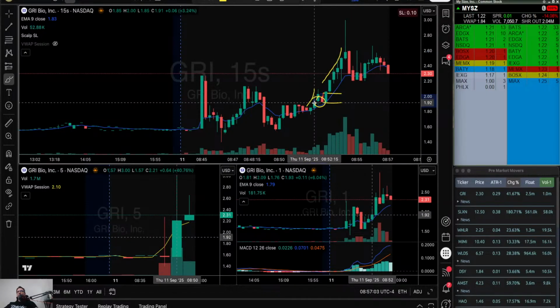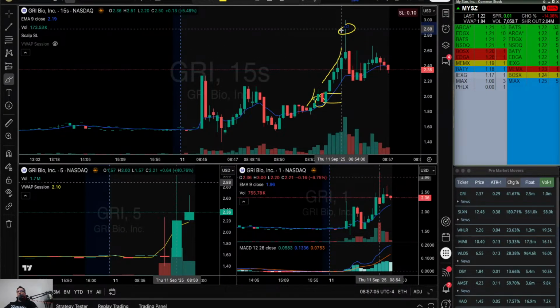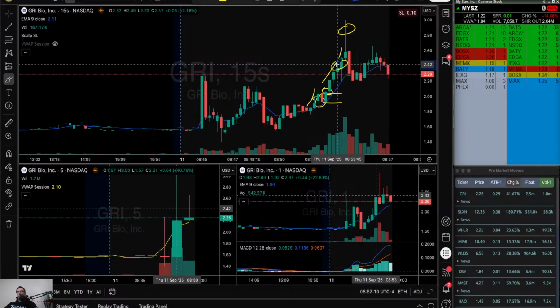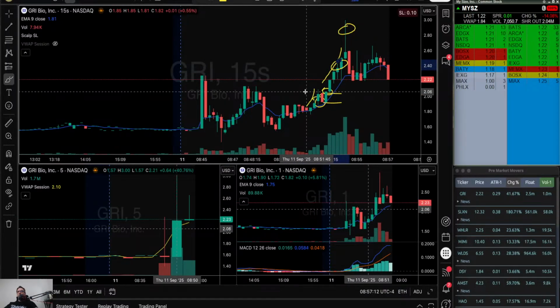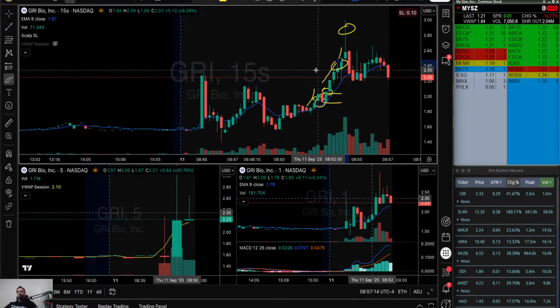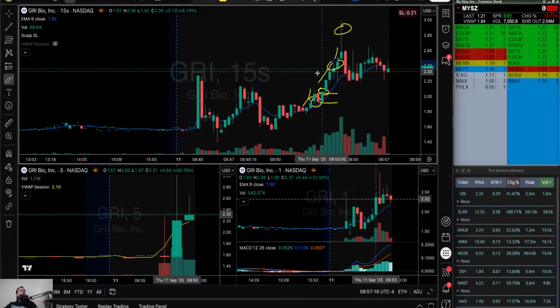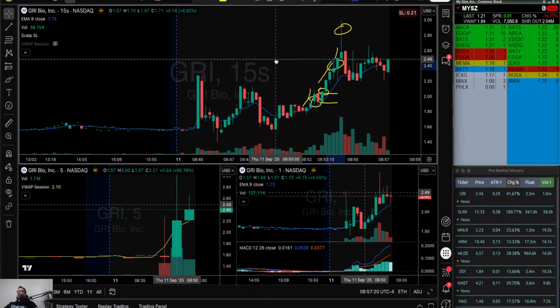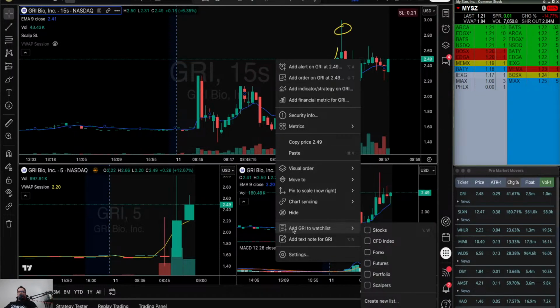Are you gonna buy here and sell here? No, but are you gonna buy here and sell here? Possibly, possibly, and make yourself about 25 cents. Possibly. Remember what I said. Don't be a greedy pig.